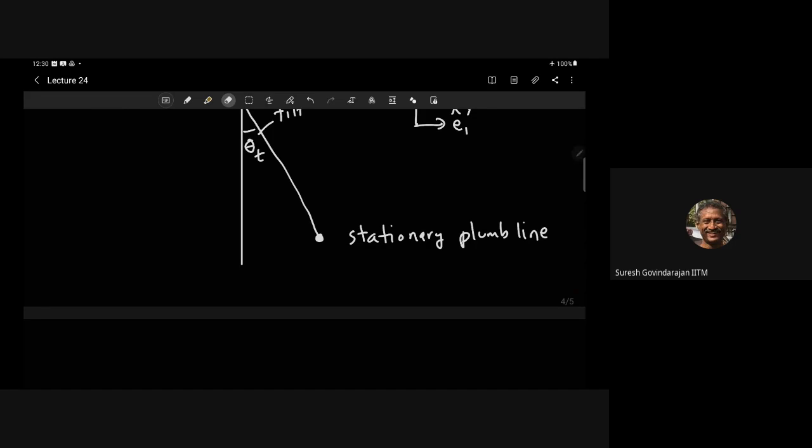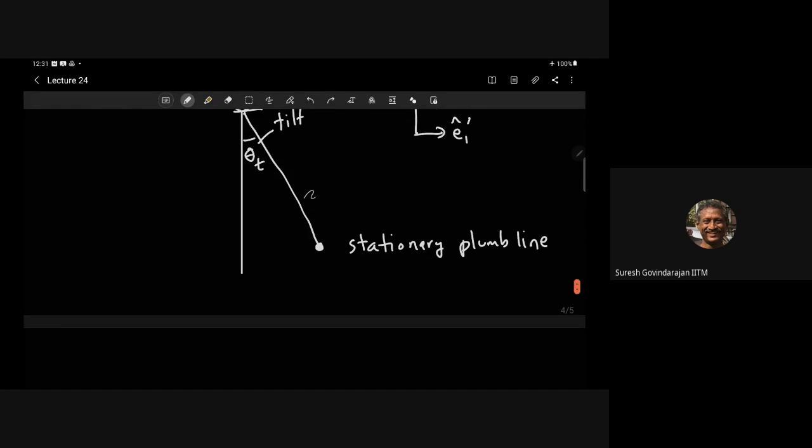So the tension, it'll act like this. There's a tension, and it'll be balancing a G effective. So what we have to do is look at this.